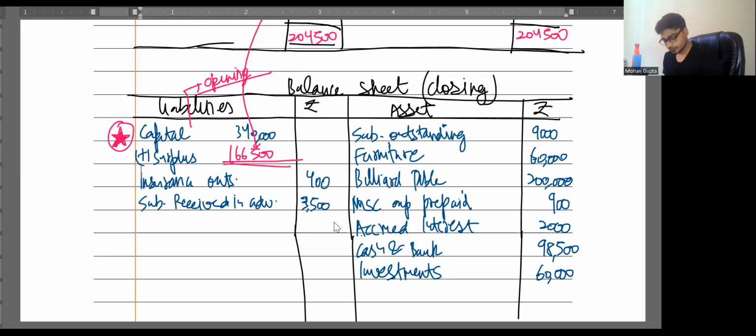Total of capital? Yeah. Five lakh 6,500. 5,06,500. Okay.